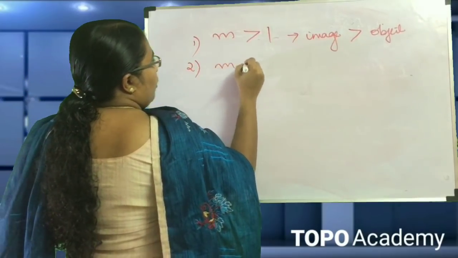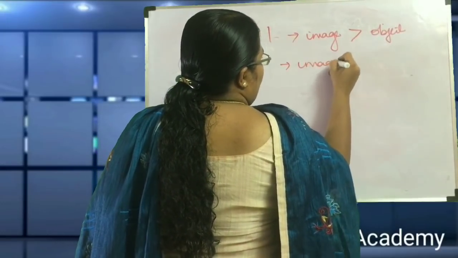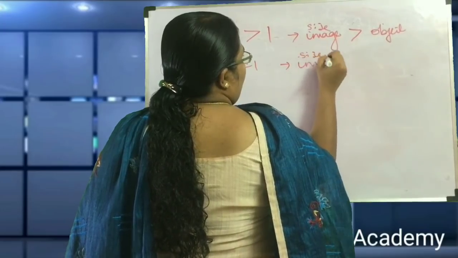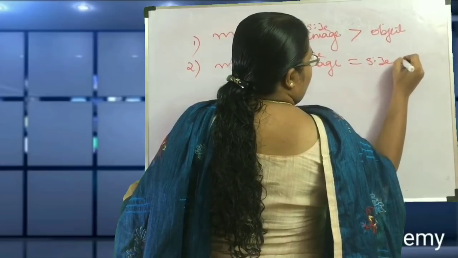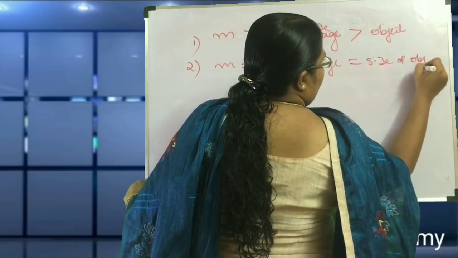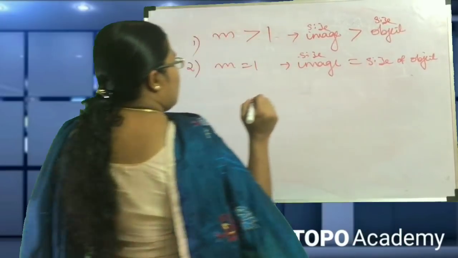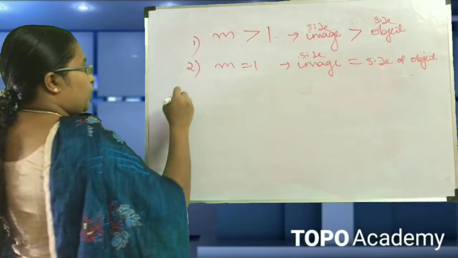If m is equal to 1, the size of the image is equal to the size of the object.